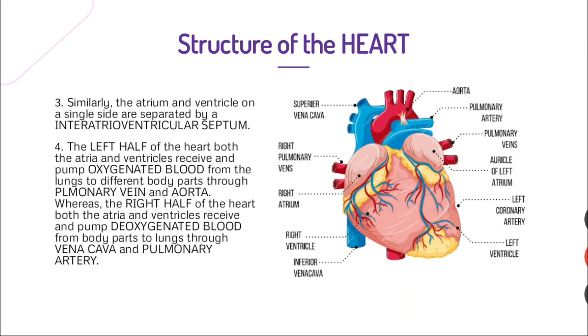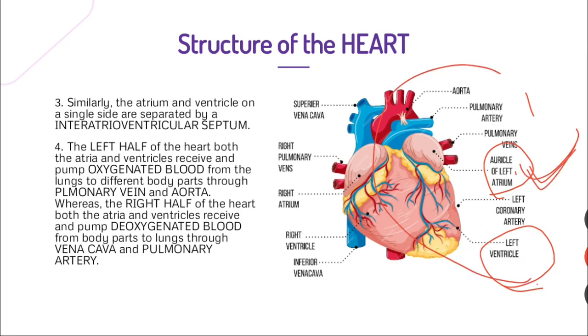Both the left atrium, or left auricle, and left ventricle contain oxygenated blood. As they contain oxygenated blood, they send blood to your body parts through aorta.